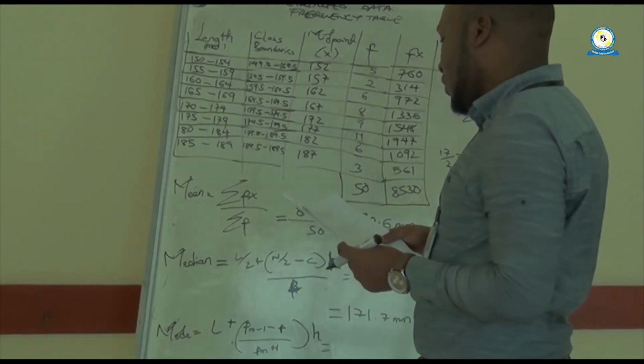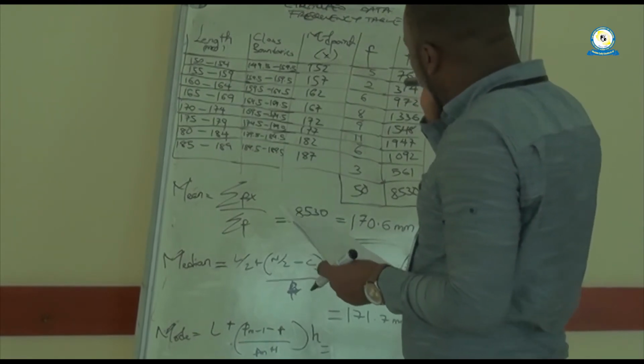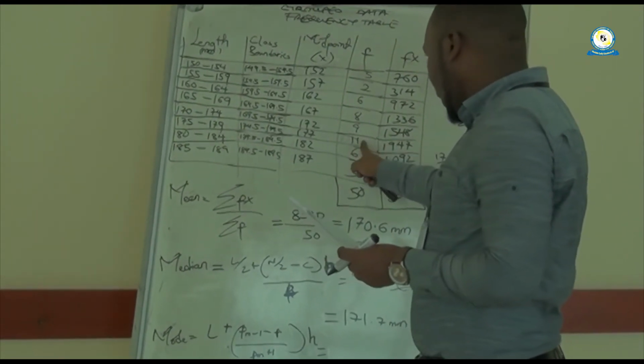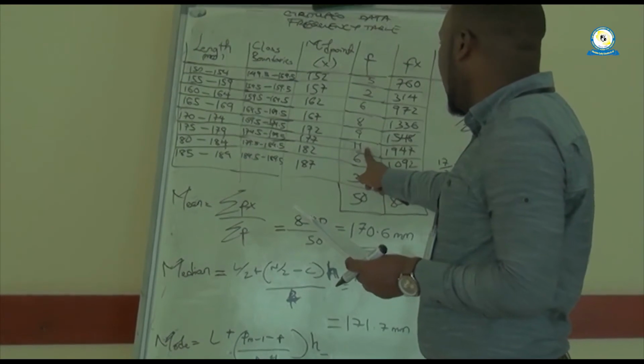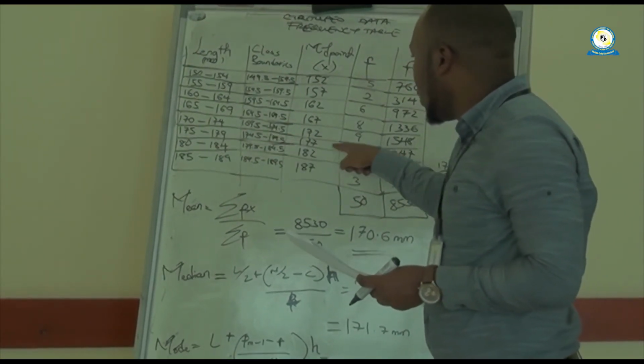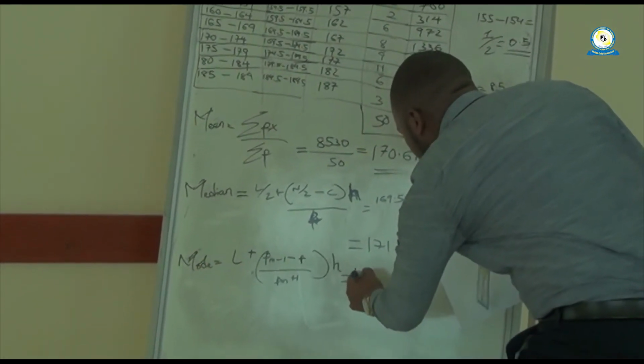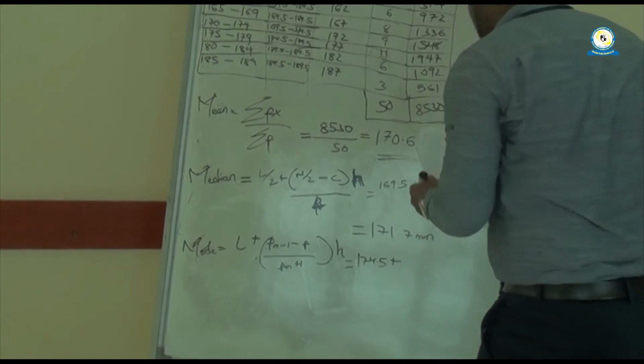Okay, so we take the lower boundary of the modal class, 174.5, plus 5.